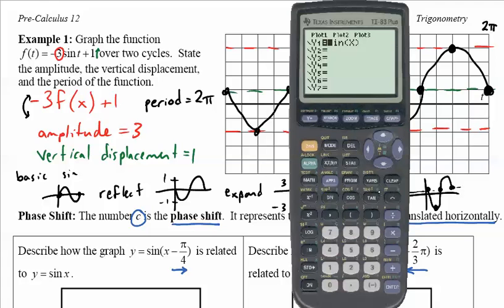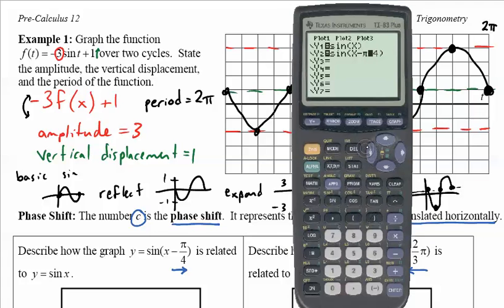And now if I do sine of x minus pi over 4, I'm going to change this so that it's a bit darker than the other graph. You can see it's the exact same as the sine graph, but it's been shifted over to the right by a small amount, by pi over 4.